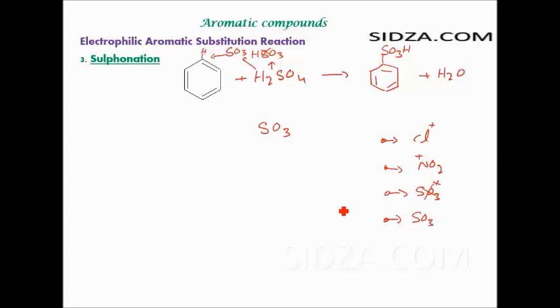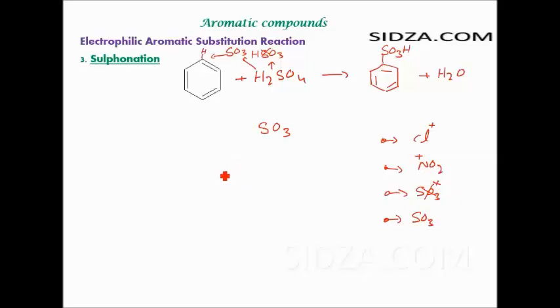The neutral sulfur trioxide molecule is an electrophile. In one of our videos on electrophiles and nucleophiles, we discussed that some nucleophiles and electrophiles are neutral as well, so a neutral molecule can also act as an electrophile. Sulfur trioxide is one of them.